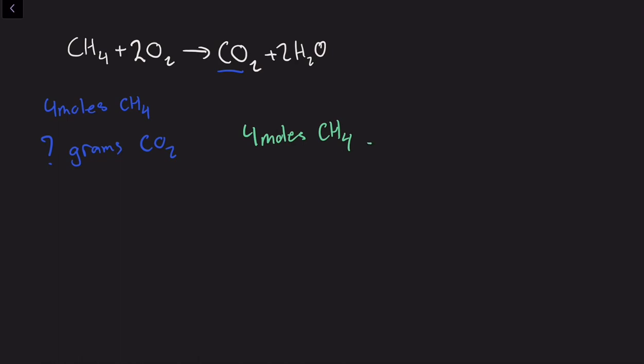Well, we know, according to our equation, that 1 mole of CH4 gives us 1 mole of CO2. It's a 1-to-1 ratio. So if we explicitly write this out, we can write that 1 mole of CH4 on the bottom is the same as saying 1 mole of CO2 on the top.